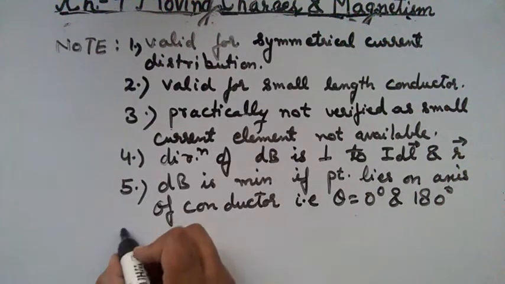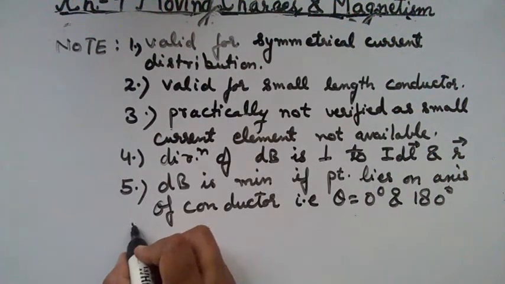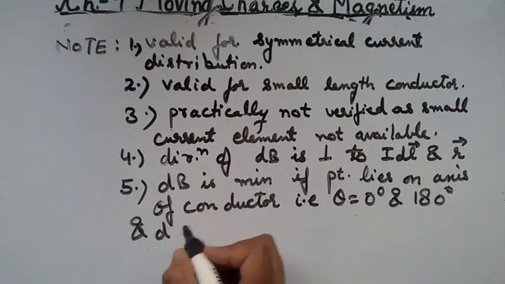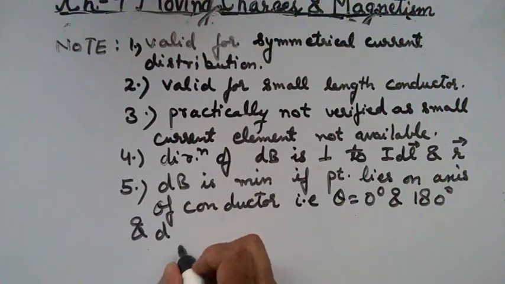So magnetic field will be 0 and it will be maximum when the point lies perpendicular to current element.